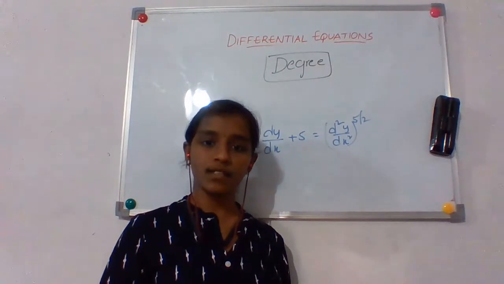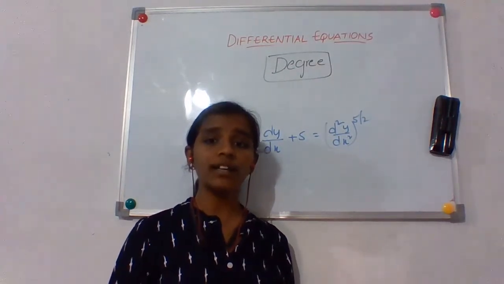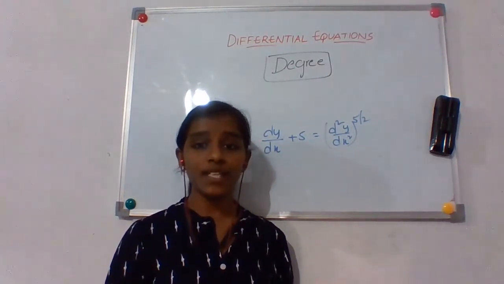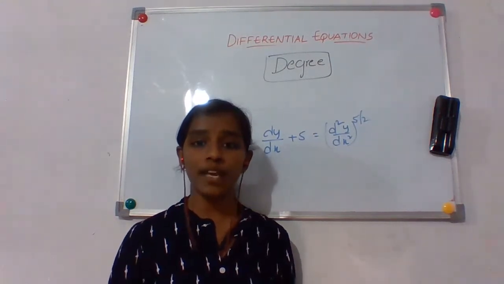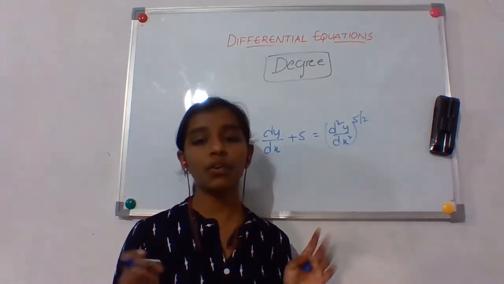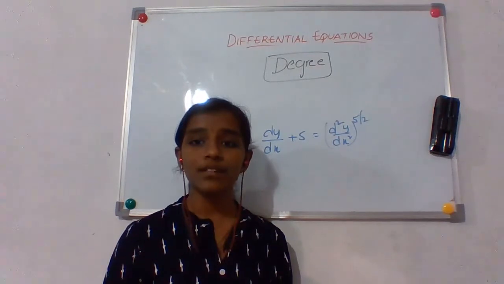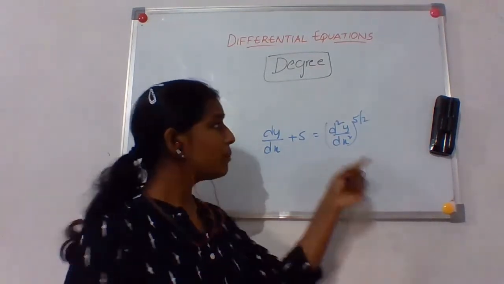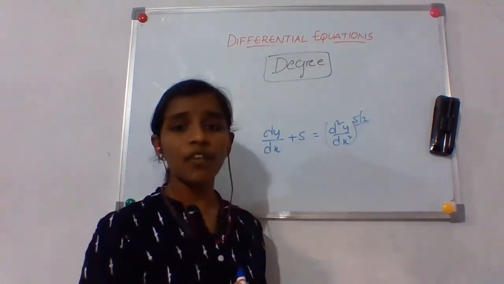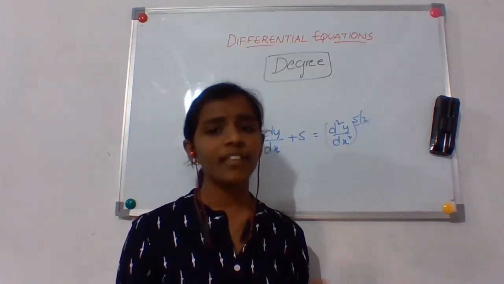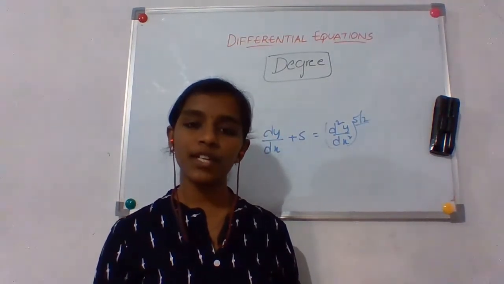Now can I write the degree of the differential equation? Some say, if you are confused, that no, you cannot write. But you can write. Why do they say you cannot? Because this is a rational power form and so it will not become a polynomial. Then how do I write the degree of the differential equation?